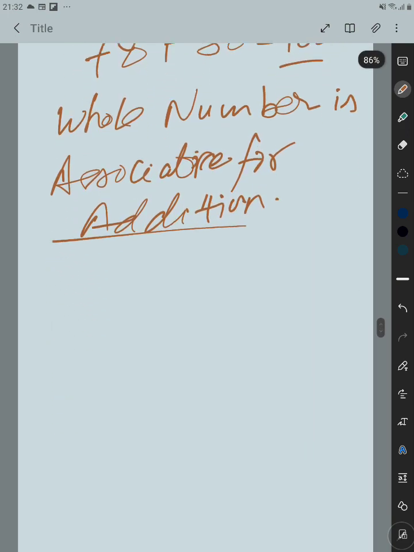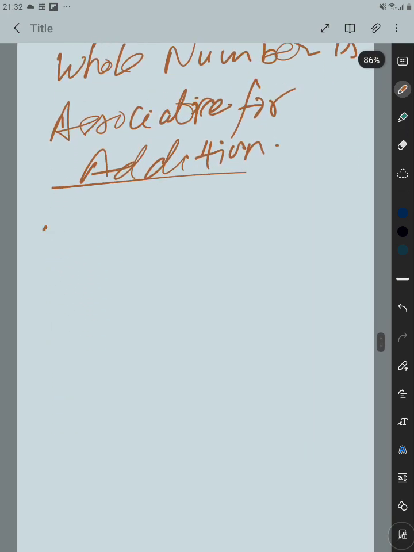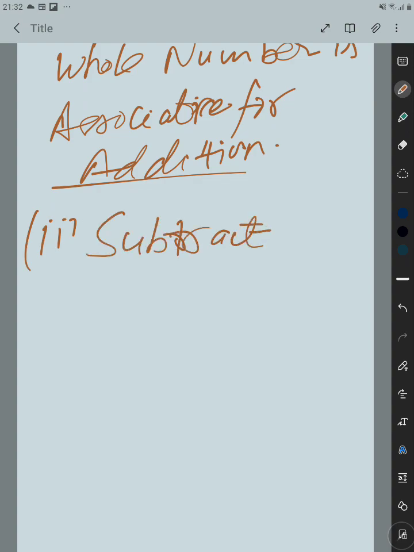Now you will check for subtraction. The second one is subtraction, and you will clearly see that it is not associative. If any one example doesn't fit, then our decision will be made.